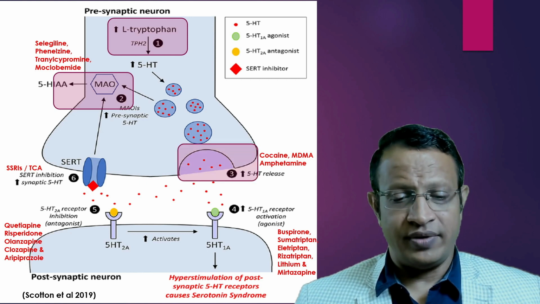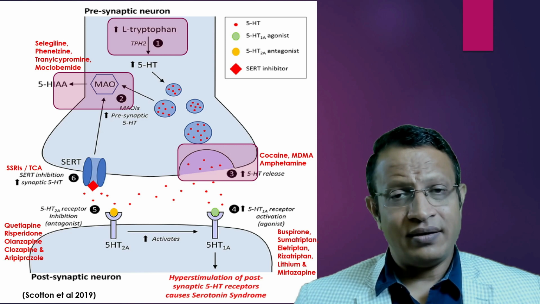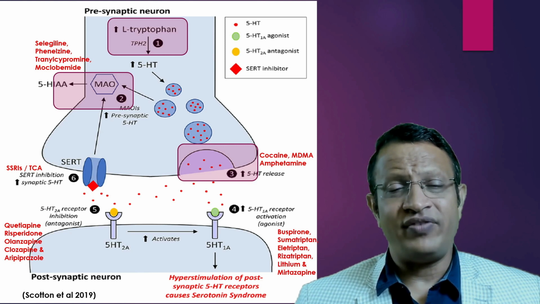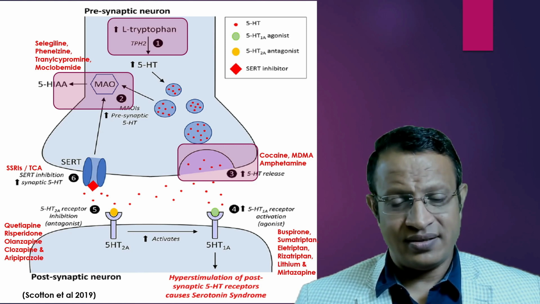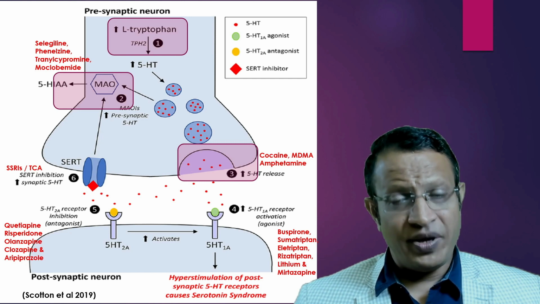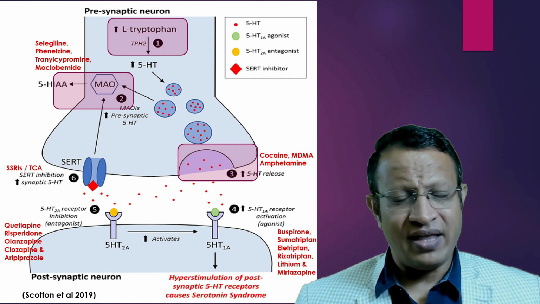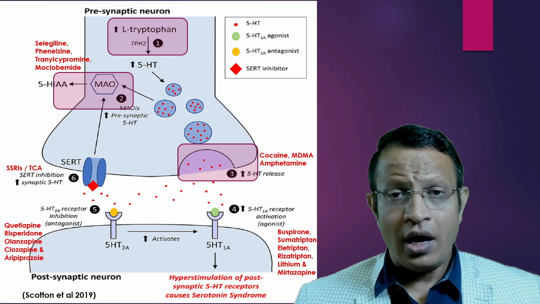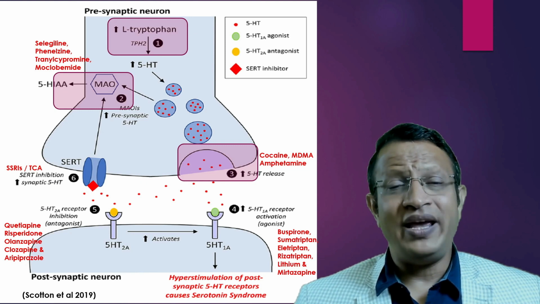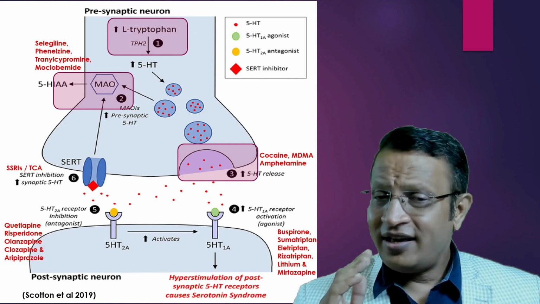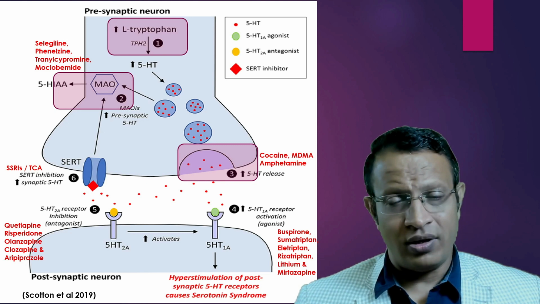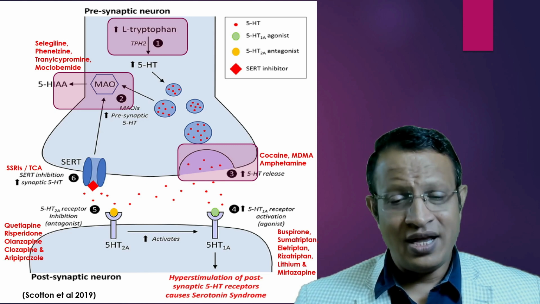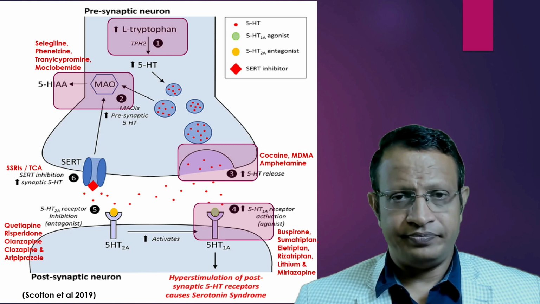Let's move into the third one. If there is simultaneous consumption of drugs along with SRI drugs, suppose a patient is abusing cocaine, methamphetamine, amphetamine along with SRI, then there will be increased 5-HT release. This also becomes susceptible for serotonin syndrome. Let's look into the fourth one.